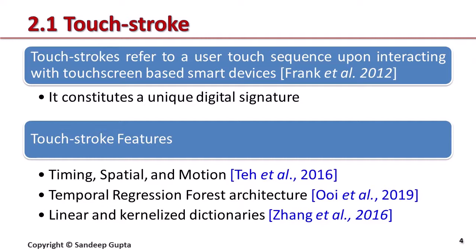Some other touch stroke features are the temporal regression forest architecture that registers temporal behavior characteristics of the person when they perform a series of touch strokes continuously, and linear and kernelized dictionaries based on sparse representations to classify the touch stroke. A number of researches have shown that these touch features are discriminative and unique for each individual, thus may be used as a personal identifier.